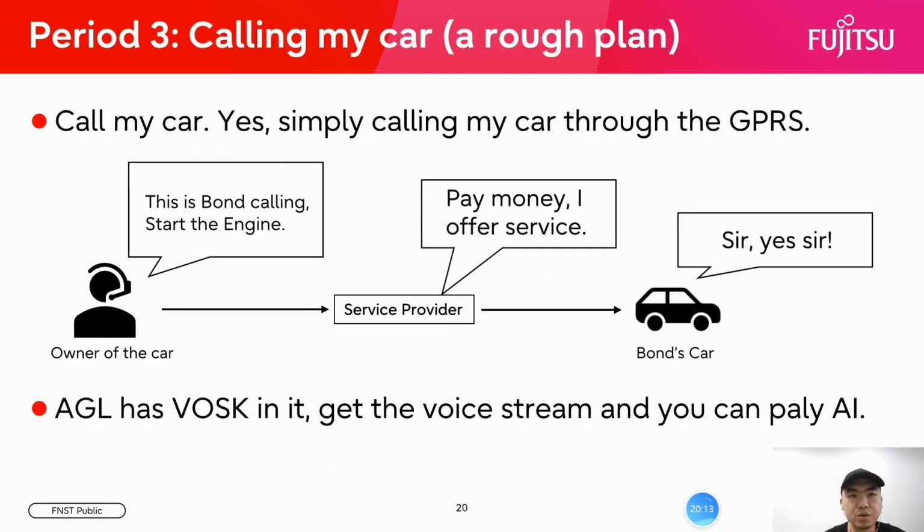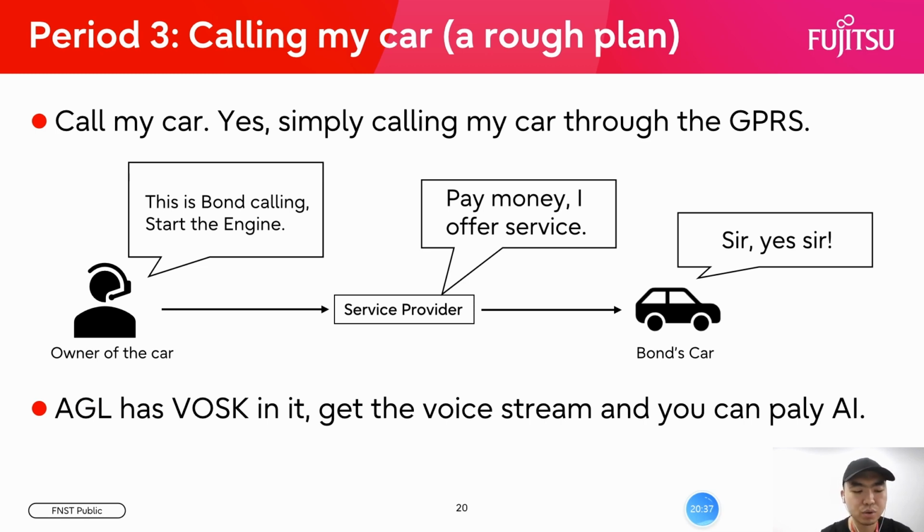The third period is calling my car. The GPRS module can provide telephone service. Of course, you need to buy a SIM card from your local operator to use the service. AGL already has voice inside. Then after obtaining the audio data, the demo can respond to voice messages.